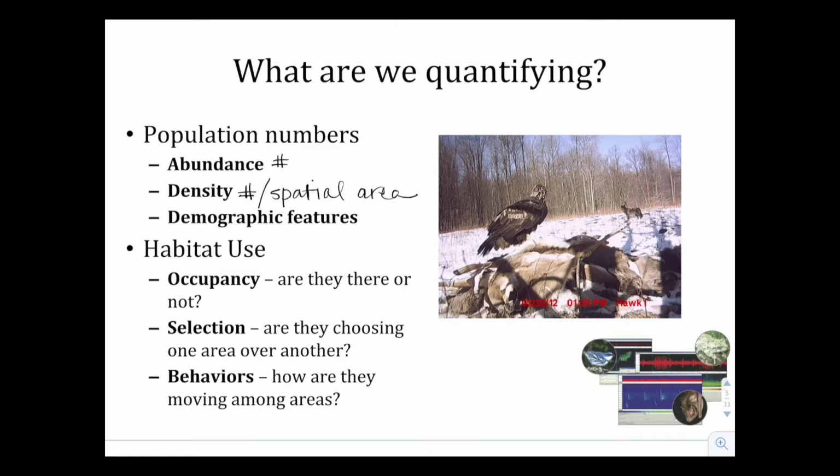But there are a lot of other ways to do this as well. You don't actually have to see the organism in order to get some of these habitat use numbers. You can also do this acoustically, and we do this a lot when we're talking about bats and birds and frogs.